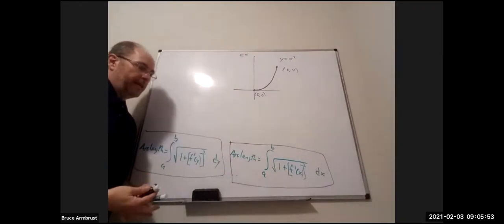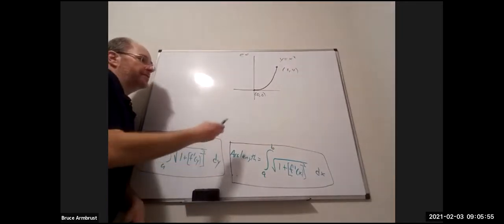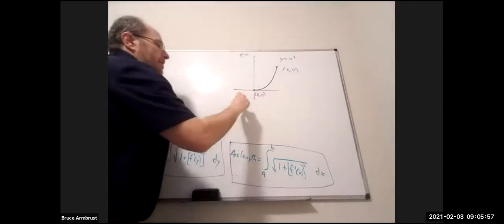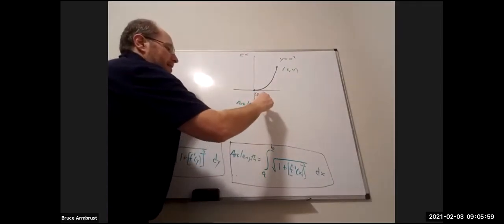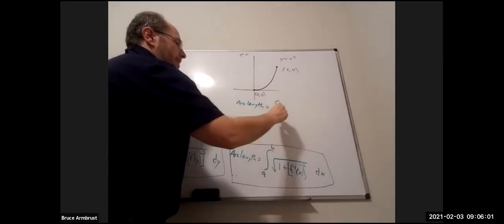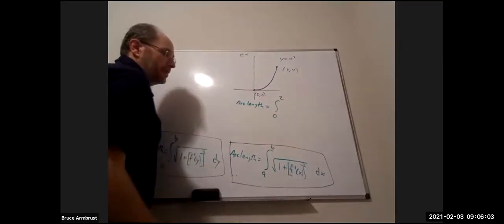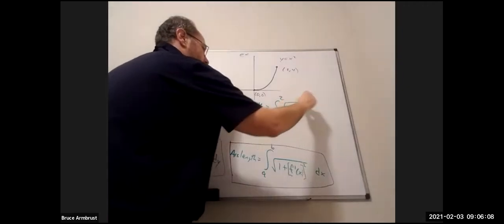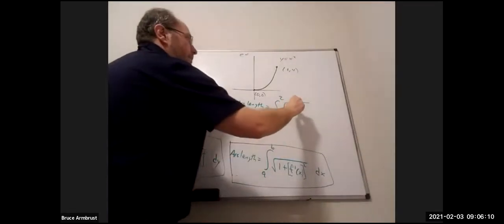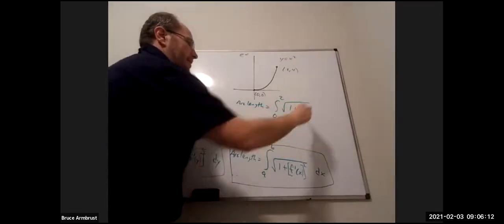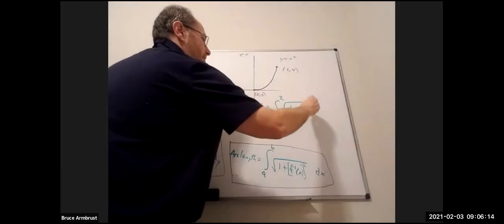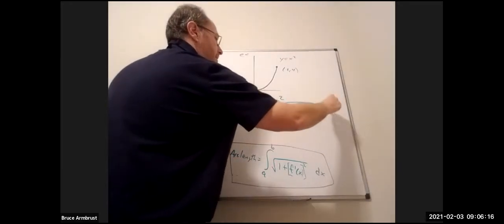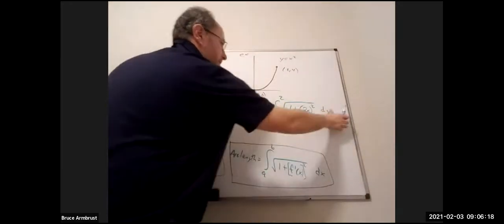All right, let's get it set up. In terms of its arc length, it's going to equal the integral from 0 to 2, because my x's are going from 0 to 2, of the square root of 1 plus (f prime)squared dx.